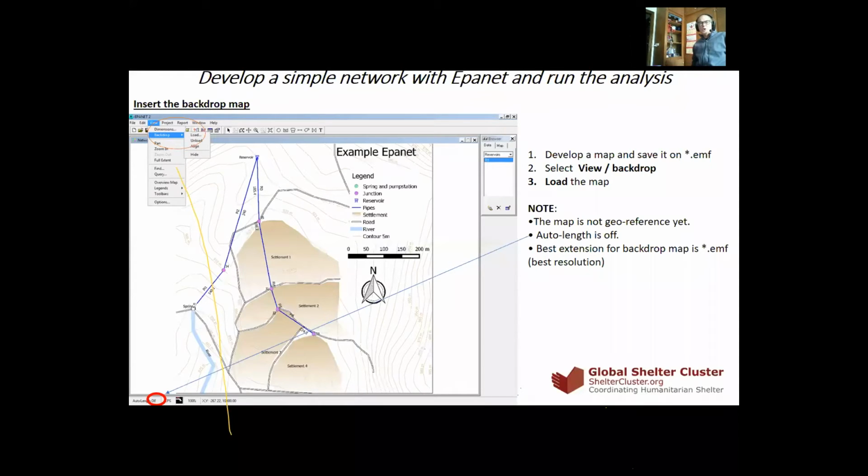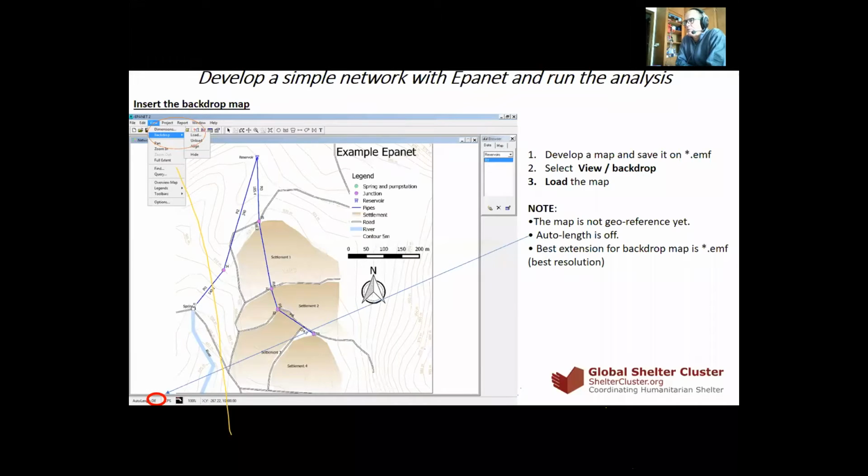This will help you not to get lost. Once you run the analysis, you will have problems, you will have errors, and then graphically you will identify the error. If you have a backdrop map which corresponds to reality, it is easier to identify the errors.